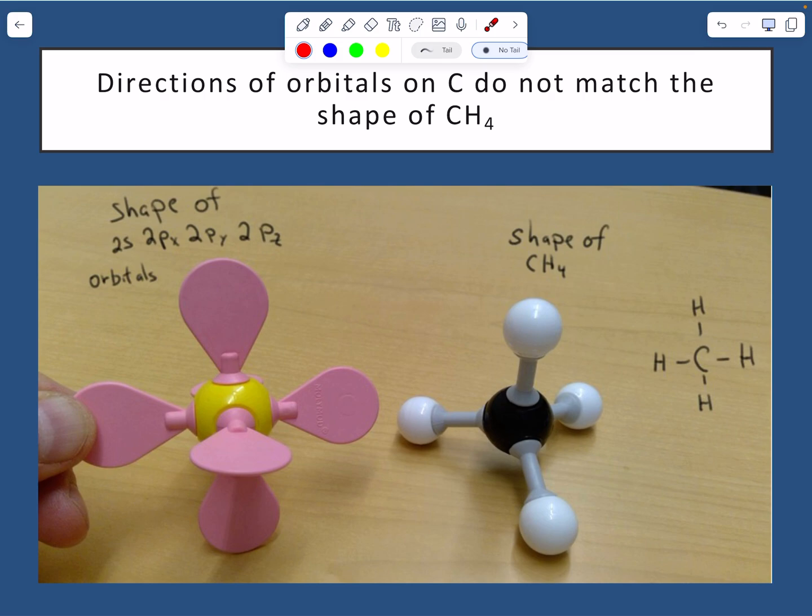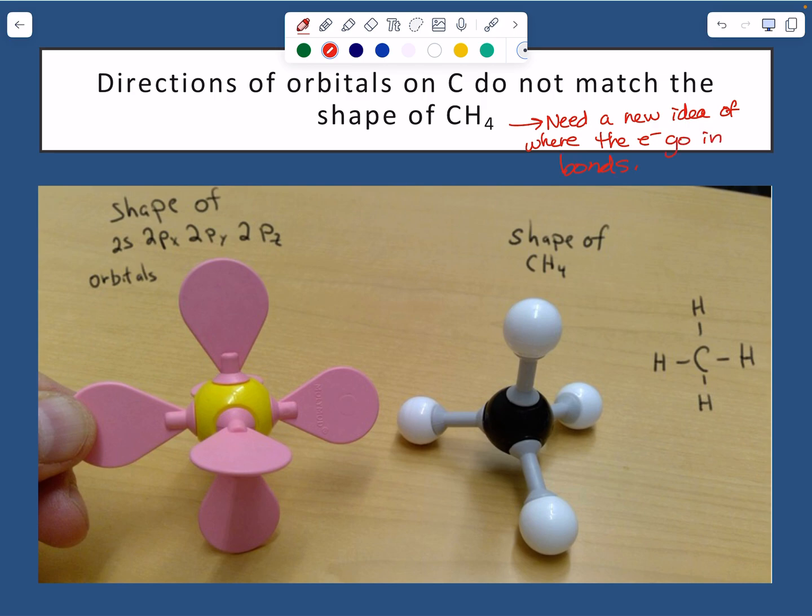So we have to have a new concept, a new idea of where the electrons go in bonds.